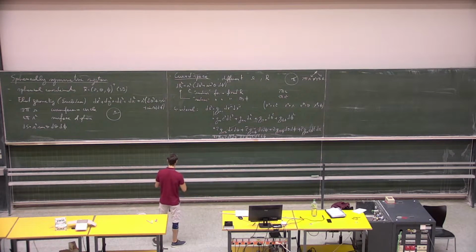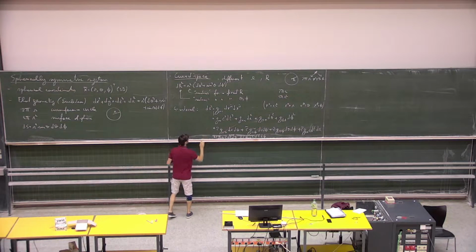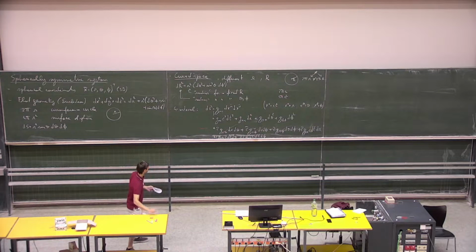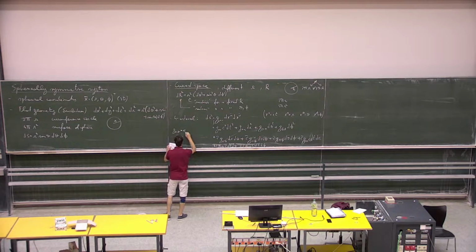Why do we cancel those? We cancel them because the coordinates are orthogonal to each other. So we have G R theta, which is equal to what? The basis identifying the direction R times E theta. But since they are orthogonal, that's equal to 0.